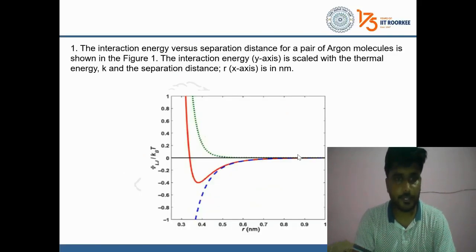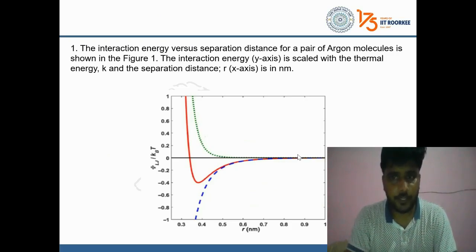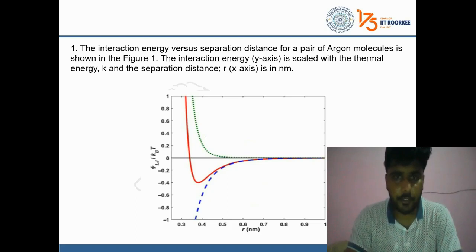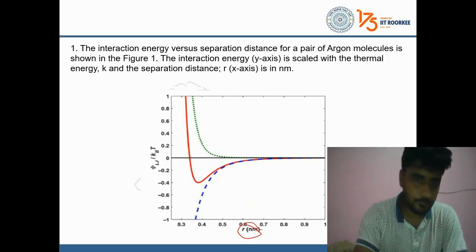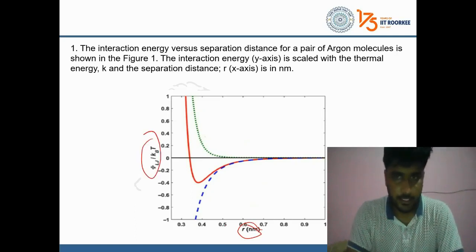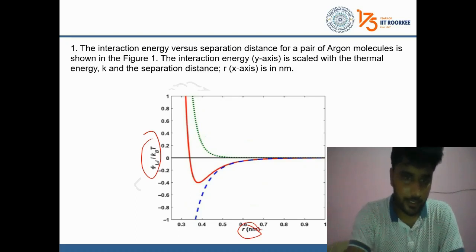The first question is the interaction energy versus separation distance for a pair of argon molecules. It's shown in Figure 1, which plots the interaction energy versus separation distance. The interaction energy is scaled with the thermal energy kBT, and the separation distance is in nanometers.